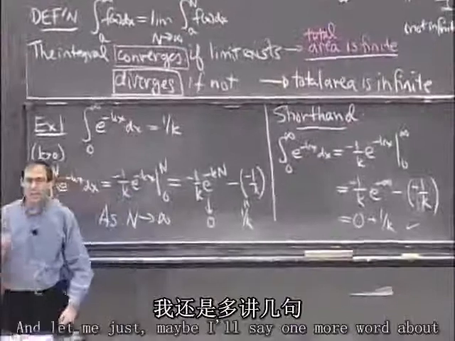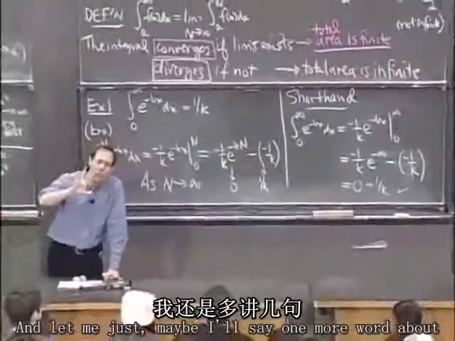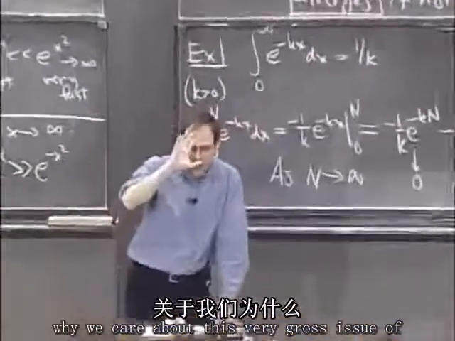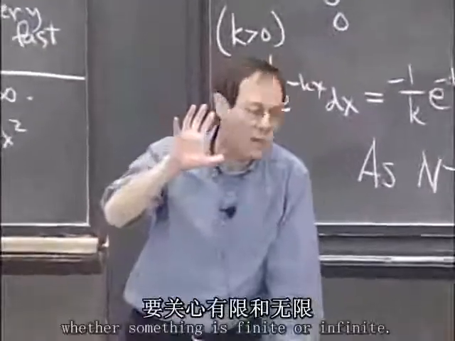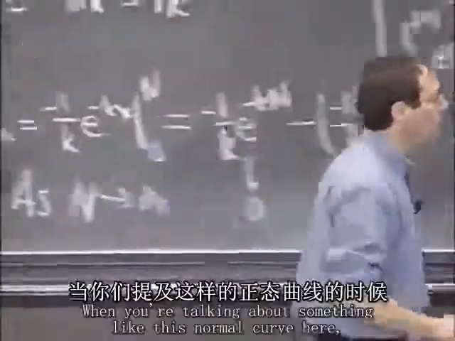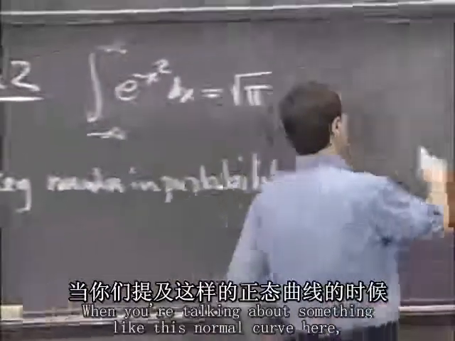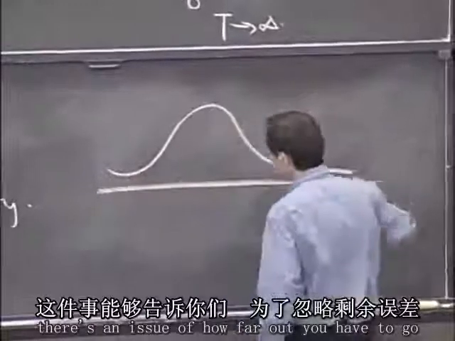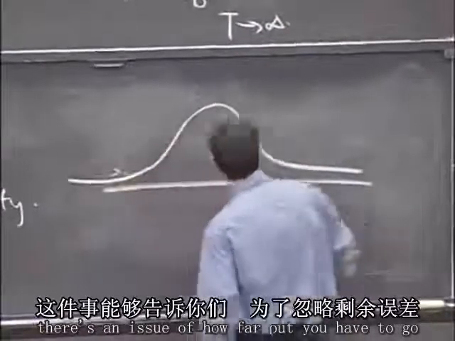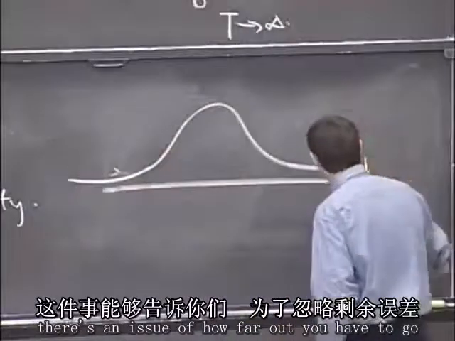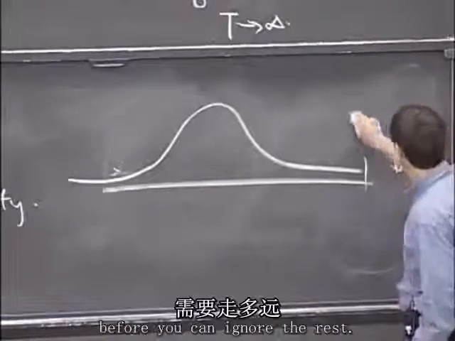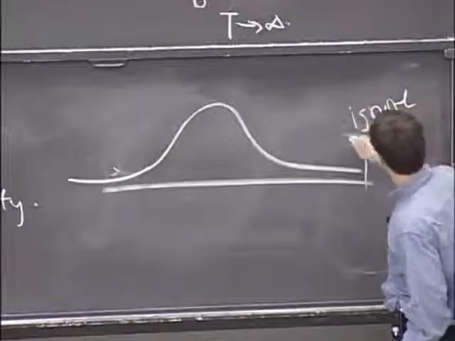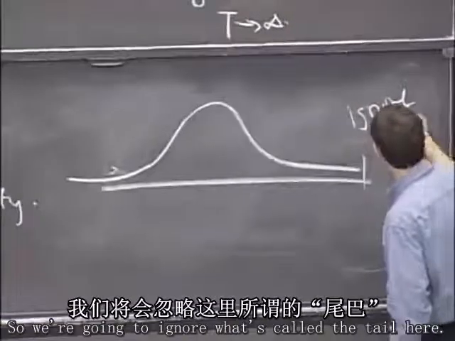And let me maybe say one more word about why we care about this very gross issue of whether something is finite or infinite. When you're talking about something like this normal curve here, there's an issue of how far out you have to go before you can ignore the rest. So we're going to ignore what's called the tail here.